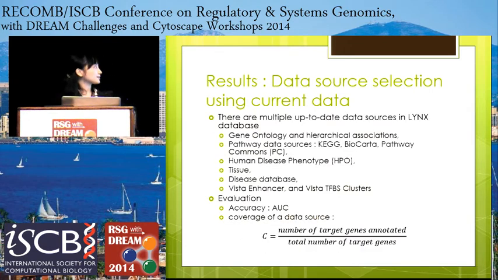Then we did some analysis of the data sources. Currently, we have a lot of in-house data sources, like gene ontology, pathway sources, phenotype sources, tissue, and also disease databases. So we evaluated them based on the same benchmark. We use the accuracy, measured by the area under the ROC curve, and also the coverage of the data source to measure how rich a certain data source is with respect to the target genes.